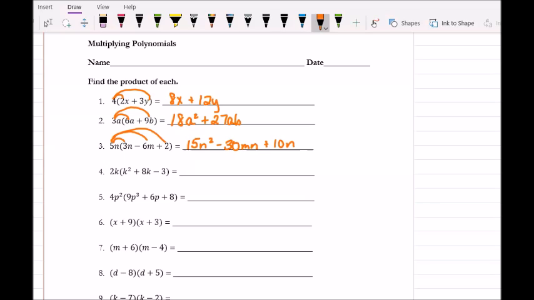And feel free at any time during the video to pause and try the next one on your own. And of course, rewind and go back if you need to see something again. Okay, number 4, 2k times k squared would be 2k to the third.